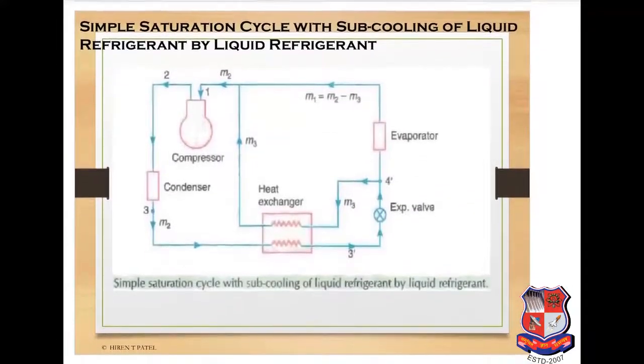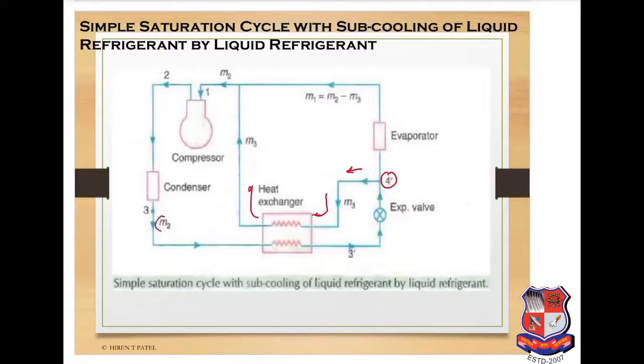Now next one is subcooling of liquid refrigerant by liquid refrigerant. This is the modification of the last system. In the last system we were subcooling the liquid refrigerant by vapor refrigerant, but in this case we are subcooling the liquid refrigerant by the liquid refrigerant. So the heat exchanger is provided between condenser and expansion valve, and after the expansion valve, at the 4 dash point, some of the liquid refrigerant is bled and transferred to the heat exchanger.